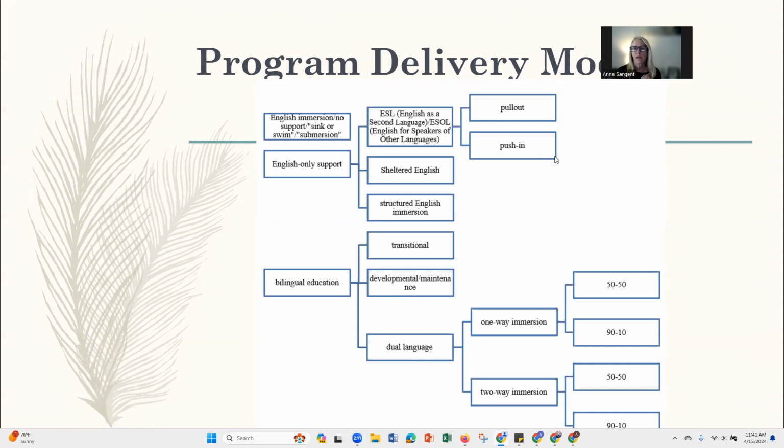It's not unusual to see more than one. I've seen some push in, some scheduled class sizes, and some collaborative models all within one single school setting.